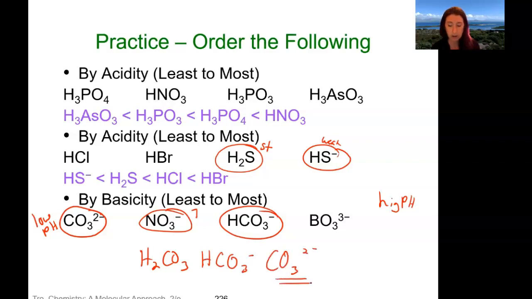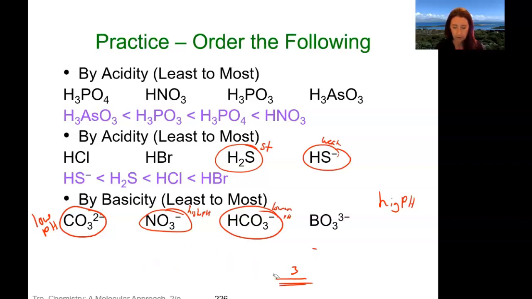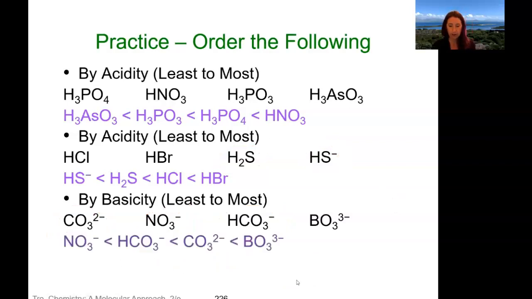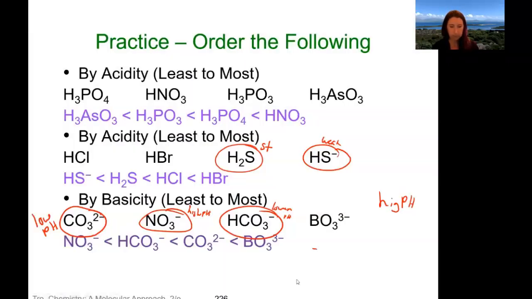So this one's going to be the most basic of the two, because every time we remove a hydrogen, the acid becomes weaker. So therefore, we know that this should have a higher pH. This should be lower. So we have all those. Oops, sorry. We end up with this. And we're going to come back to these again, right?